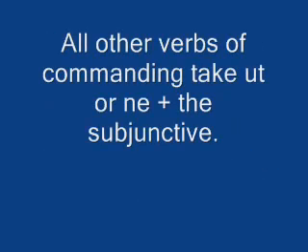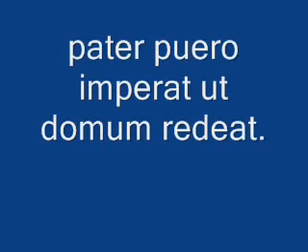So instead, let's turn our attention to the normal way that Latin expresses indirect command. That is to say, with all other verbs of commanding, exhortation, etc. We have 3 examples next to our English sentences at the top. The first sentence, the father orders the boy to return home. In Latin, is pater puero imperat, ut domum redeat.